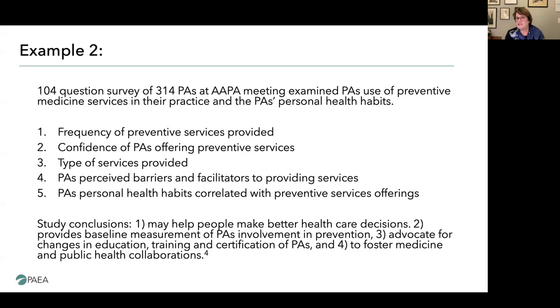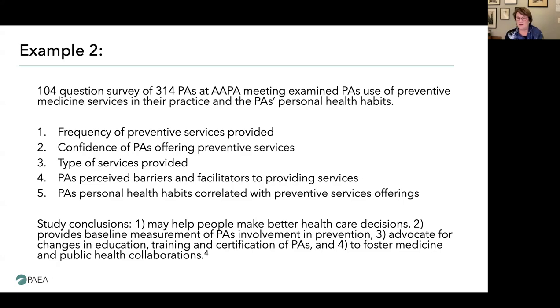So the next article seems like it would be that we should advocate for changes in education, training, and certification of PAs so that PAs are more confident and more likely to be involved in prevention. And then, if you think about it, fostering medicine and public health collaborations could be a call to action.